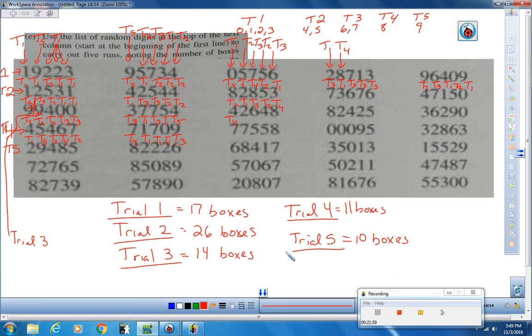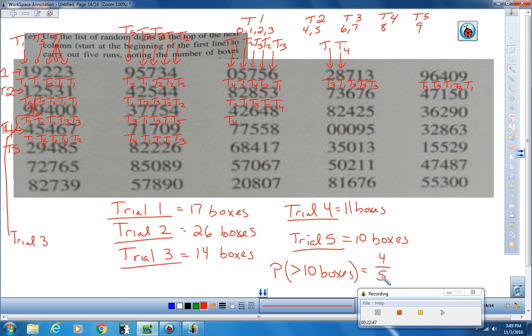It says use your results to estimate the probability it would take more than 10 boxes to complete 5 toys. Well, I had 4 that took more than 10 boxes out of 5, so it's 4/5. Okay? So that's the probability it took more than 10 boxes to get all 5 toys.